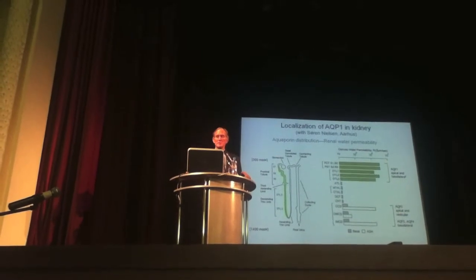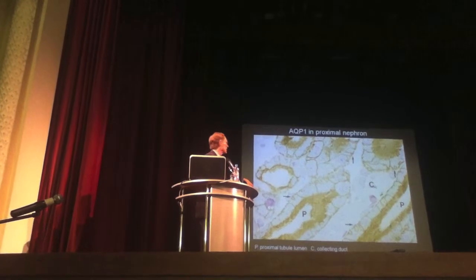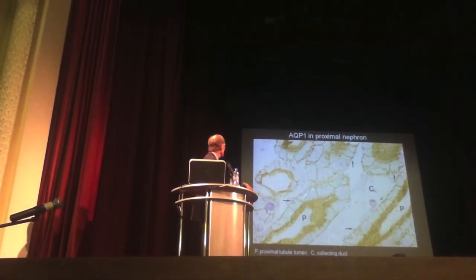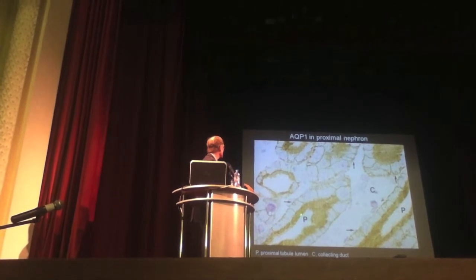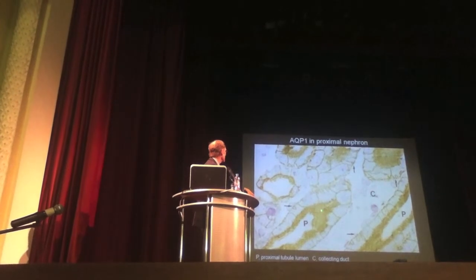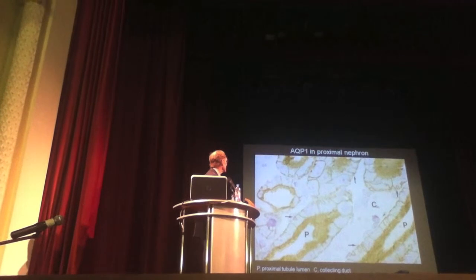So two microscopic slides. Shown here is a light microscopic preparation of a rat kidney. What you should see, the tubule here, the lumen where the primary urine flows, is surrounded by an apical membrane, intensely staining with an antibody for aquaporin-1. Present also in the lateral membranes separating the cells and the basal membranes, and not present in the collecting duct.